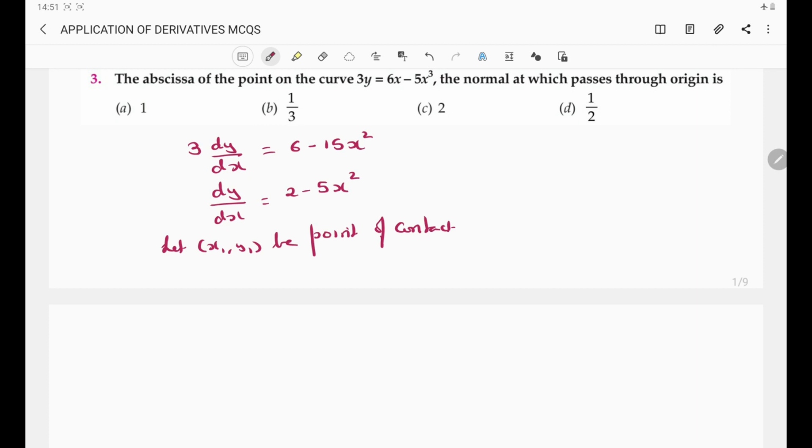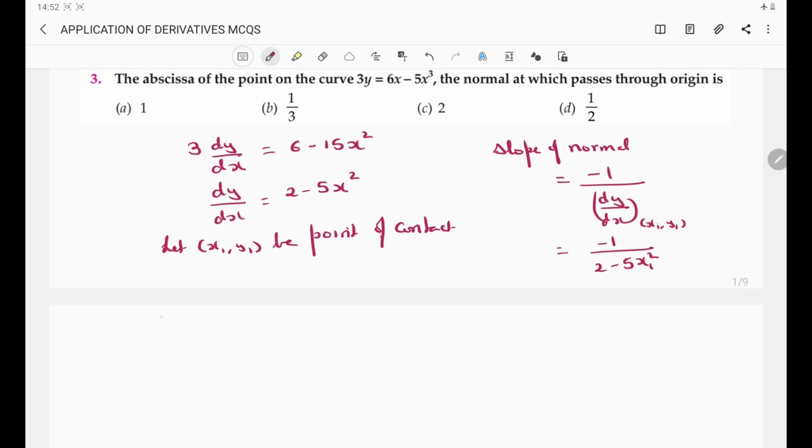Let x1 y1 be the point of contact. So, the slope of the normal is given by minus 1 by dy by dx at x1 y1, which is minus 1 by 2 minus 5x1 square.